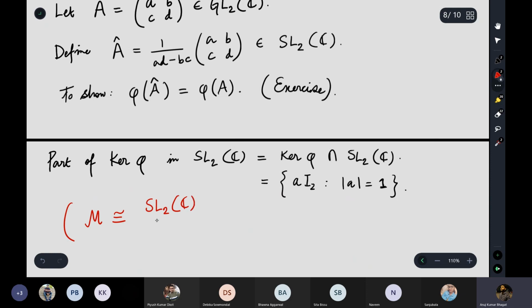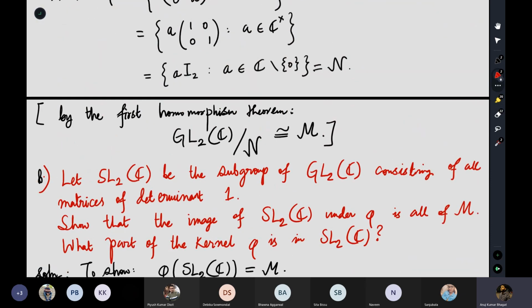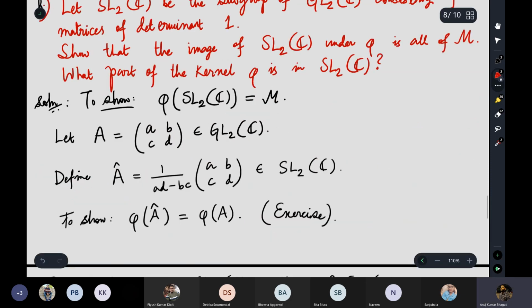That's correct. So I can also say that M is isomorphic to SL2C quotiented by this one. Suppose I am calling this N prime, and this is N. So from an algebraic point of view, this group of Mobius transformations can be represented by this or by this.